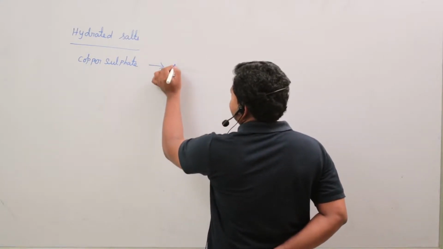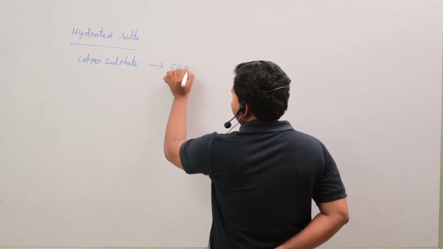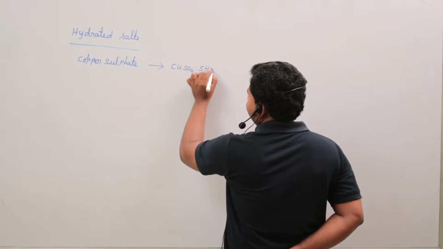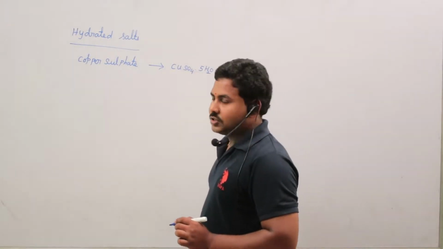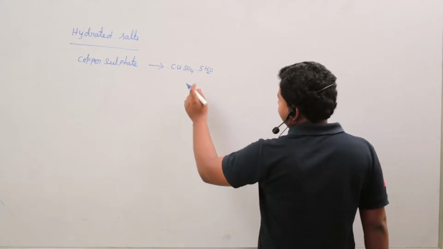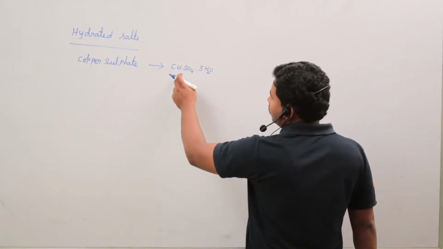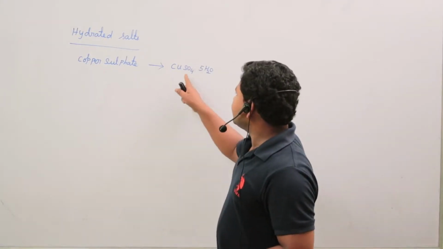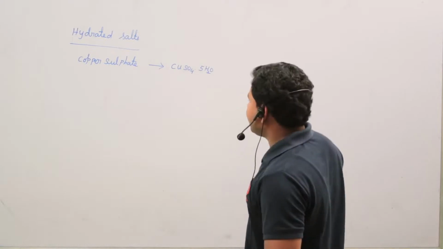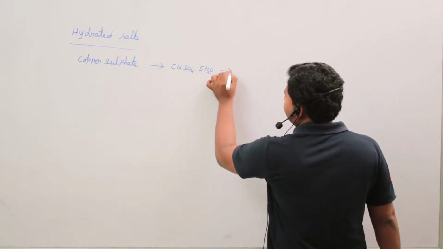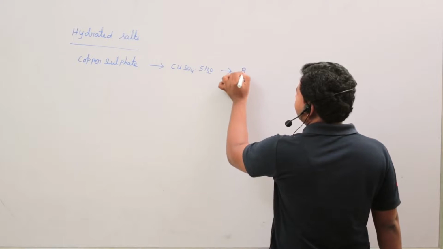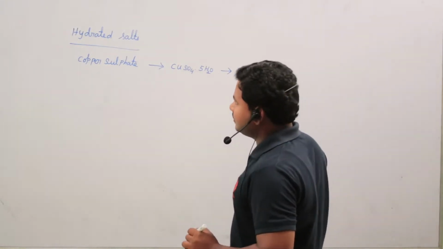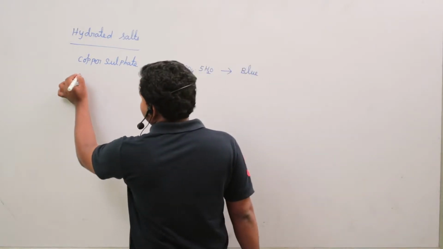Formula is CuSO4 dot 5H2O. This is called copper 2 sulfate. This is also called copper sulfate pentahydrate, in blue color.